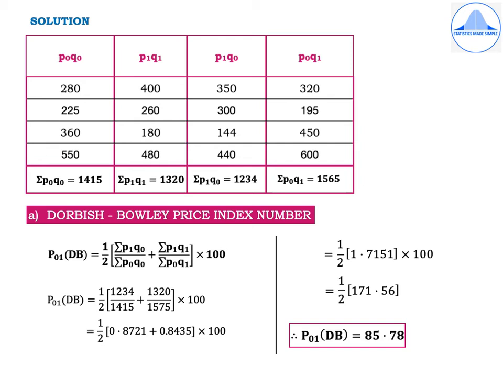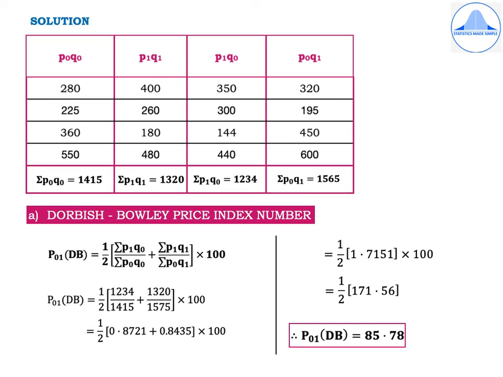So P01 of dB is equal to half into summation P1 Q0 divided by summation P0 Q0. Then put only 1 plus summation P1 Q1 divided by summation P0 Q1 into 100, which is equal to half into 1234 divided by 1415 plus 1320 divided by 1565 into 100, which is equal to half into 0.8721 plus 0.8435 into 100.